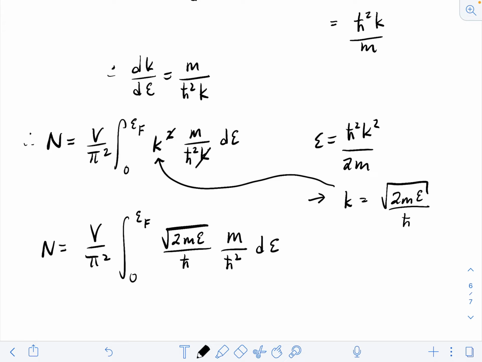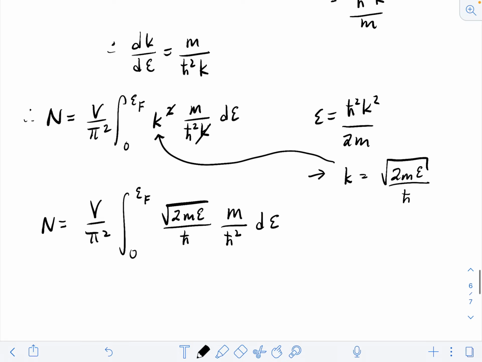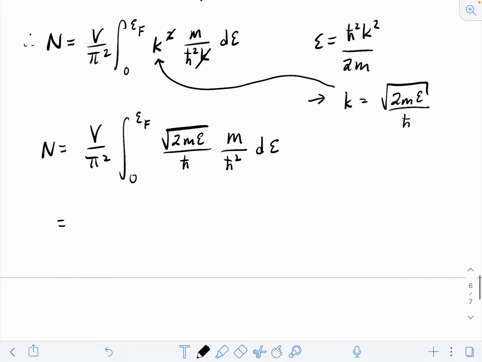Okay, so what we have then is the integral 0 to epsilon_F of, I'm going to reorder some things, m times V over pi squared h bar cubed root 2m epsilon d epsilon.